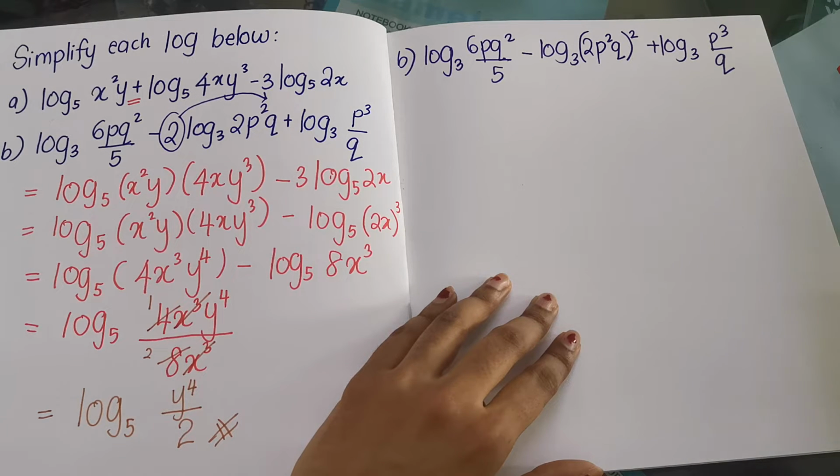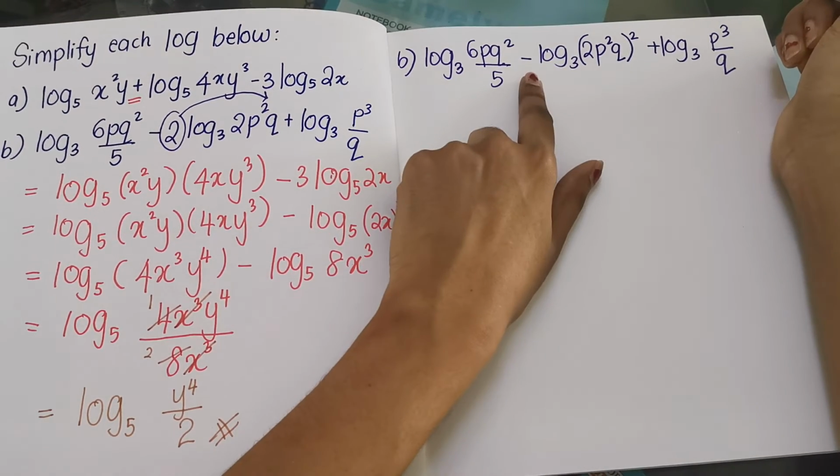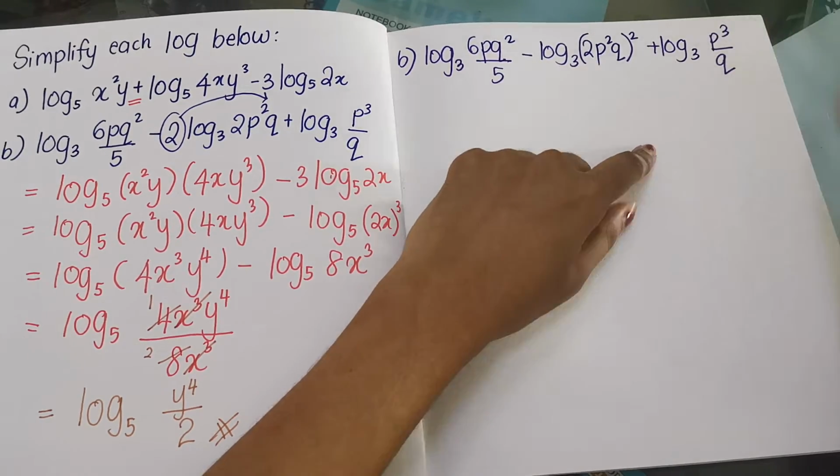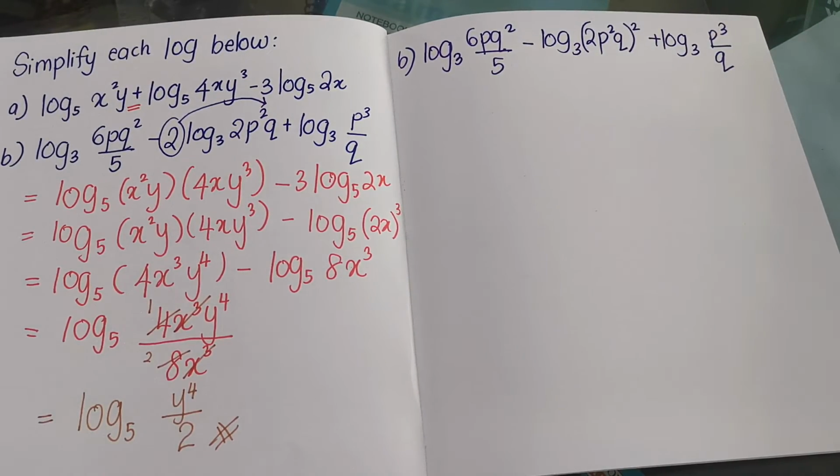Okay, so now we solve this one by one. If it's minus, we know that we are going to divide. If it's plus, we know that we are going to multiply the logs.